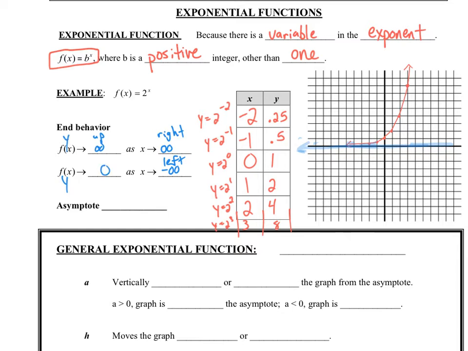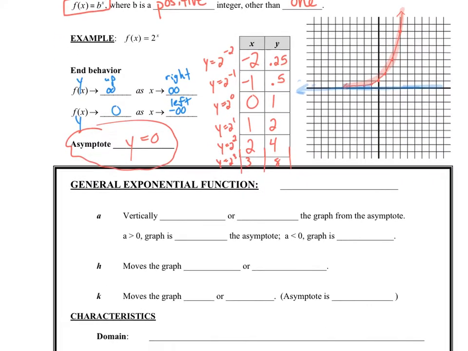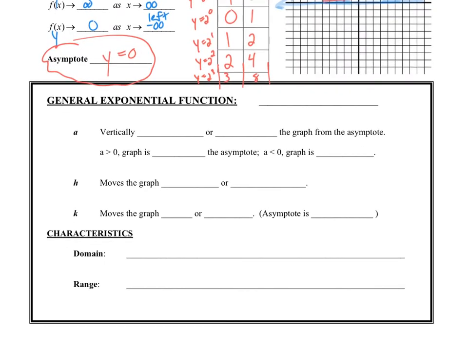So you can see as our graph goes to the left, it flattens out by 0, and as it goes to the right, it goes up to infinity. So we have an asymptote at y equals 0. And again, this new word just means an imaginary line the graph never crosses. We're going to talk more about that here.